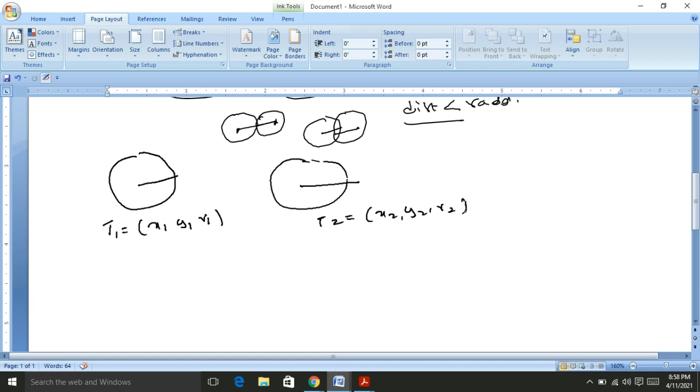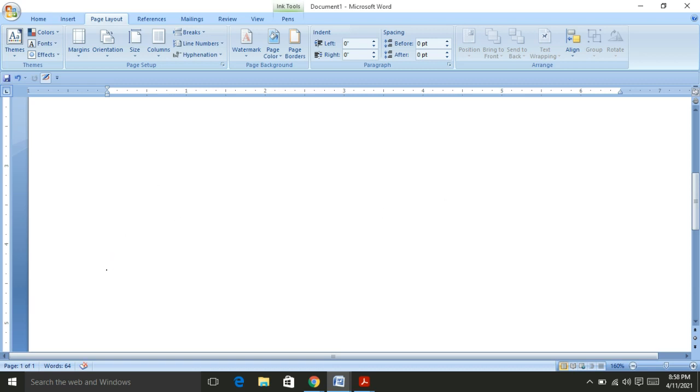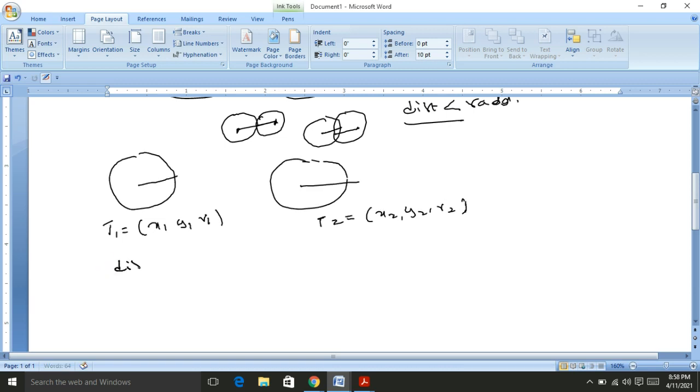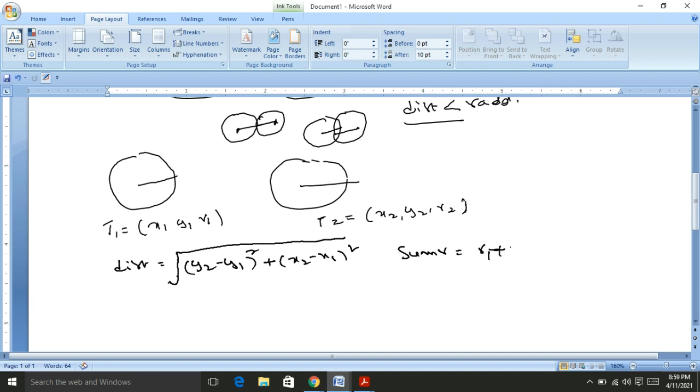Now I am going to calculate the distance between these two balls. Distance equal to, by using the formula, y2 minus y1 whole square plus x2 minus x1 whole square, square root of that. And by using the triple values, I am going to calculate the sum of radii, that means sum of r equal to r1 plus r2.